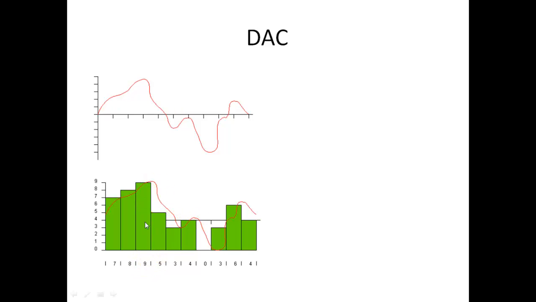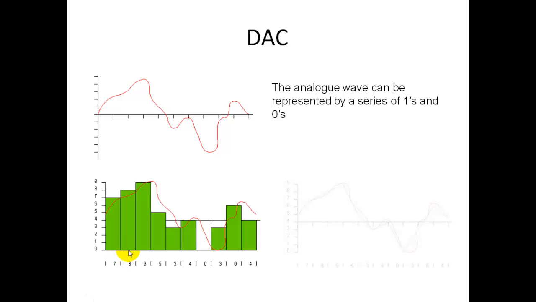So we get an approximation to this analog signal with these values here, which are digitized and turned into a binary number. So these can be expressed as ones and zeros. Then what we need to be able to do is to reproduce this sound, and this is the reproduction.